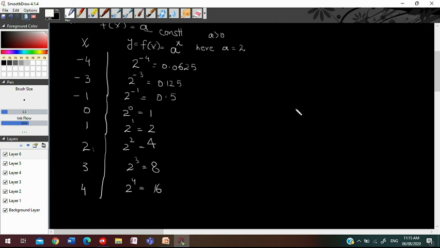Okay, now this is your x-axis, this is your y-axis.